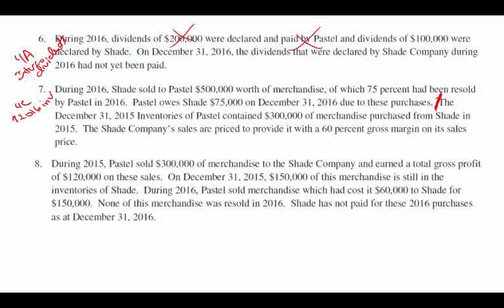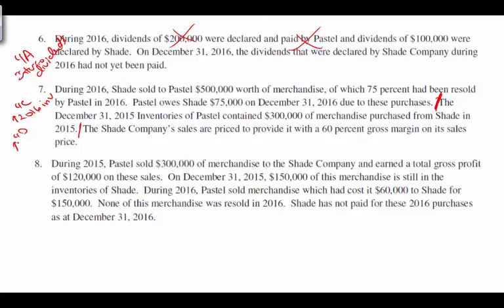Let's continue on. The December 31st, 2015 inventories of Pastel contained $300,000 of merchandise purchased from Shade in 2015. So that sentence gives us another intercompany inventory transaction, this time one that began in 2015. So we will call this 4D.